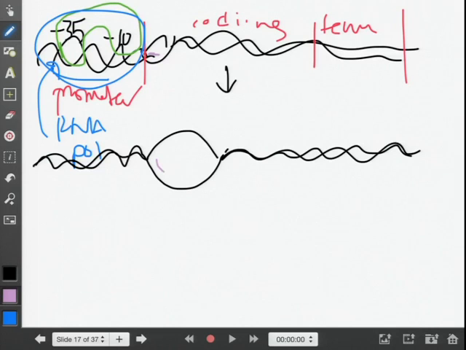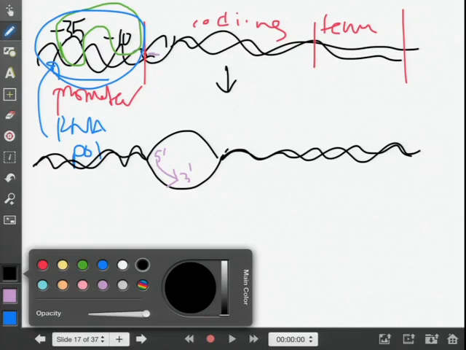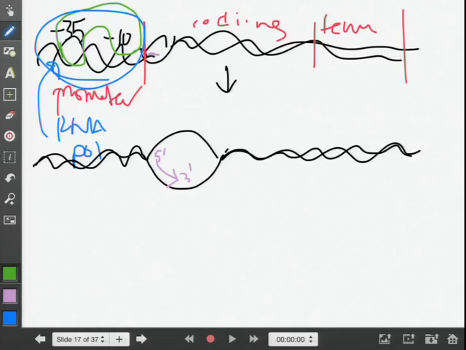And so now we'll say this is the very beginning. We've got a tiny bit. This is the 5' end and the 3' end, and it's moving in that direction, right? So if we're still calling it initiation, the complex has the sigma factor and RNA polymerase, and it's adding the nucleotide.